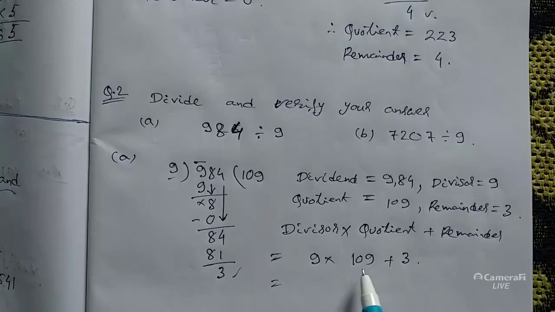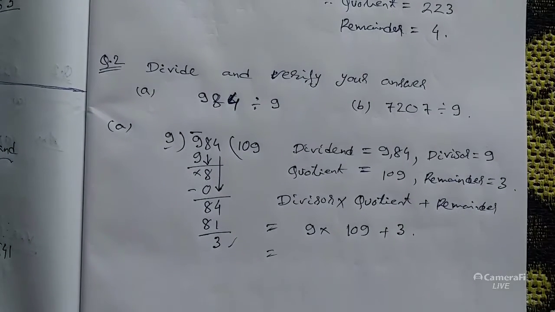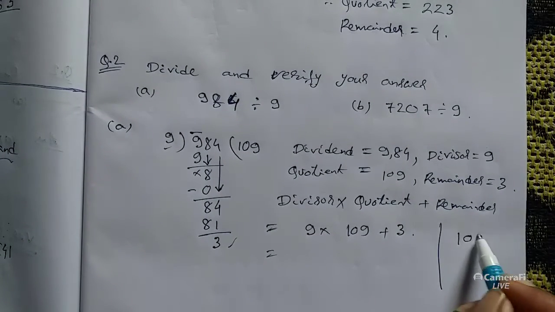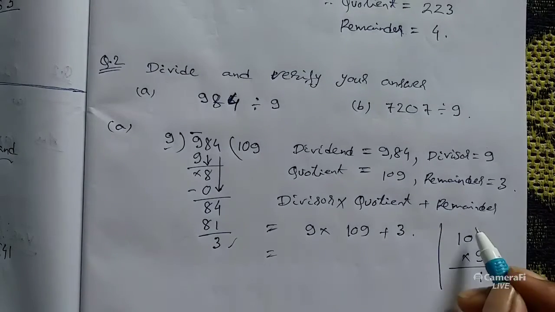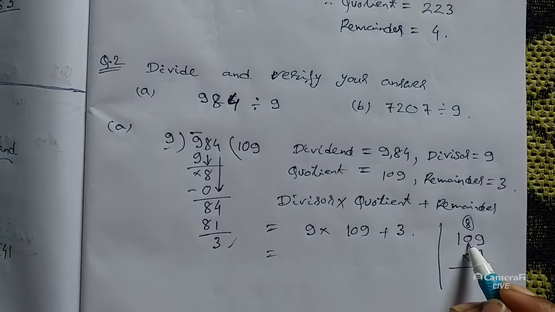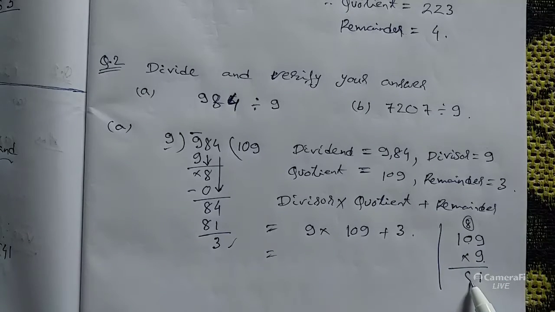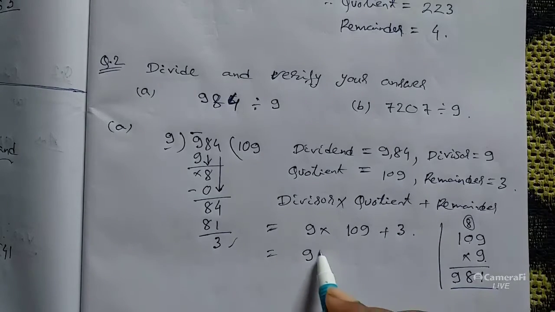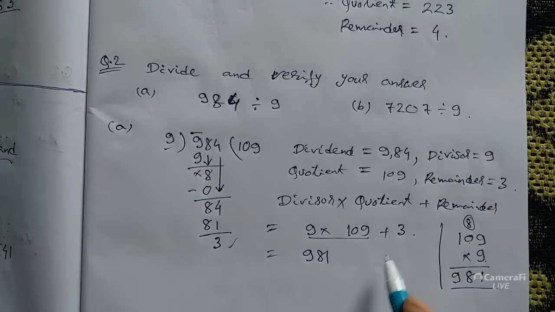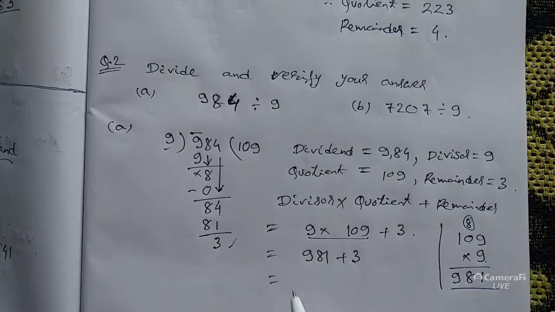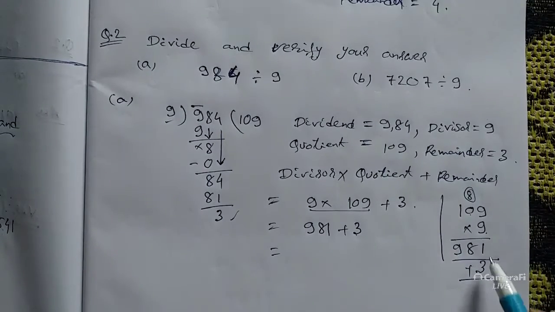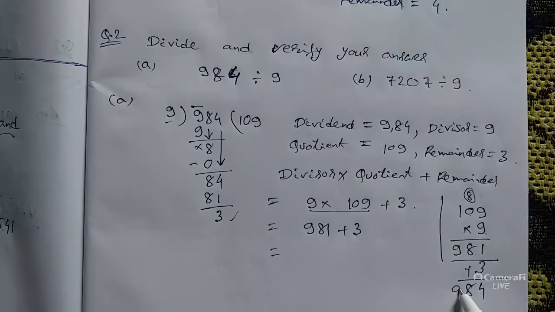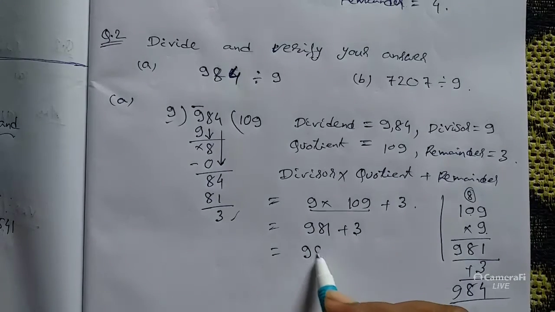First we will multiply 9 and 109. Let us do the multiplication at the side. 9 9s are 81, 8 carry, 9 0s are 0 plus 8, 9 1s are 9, 981. Now plus 3. If we add 3 with this, 3 plus 1 is 4, 8 remains 8, 984.